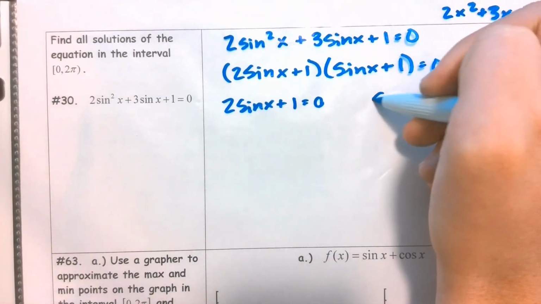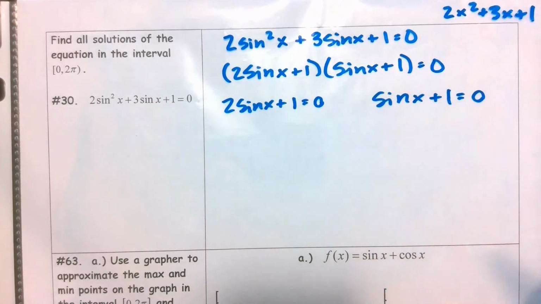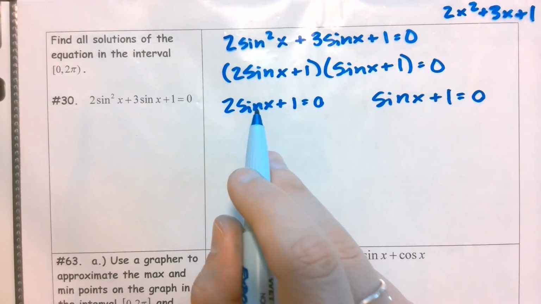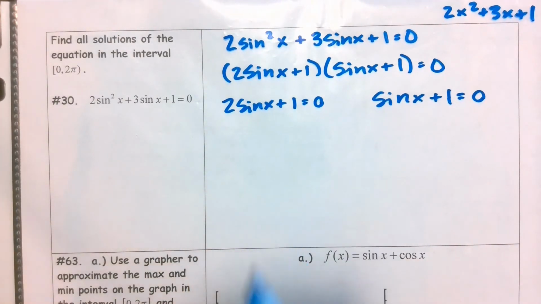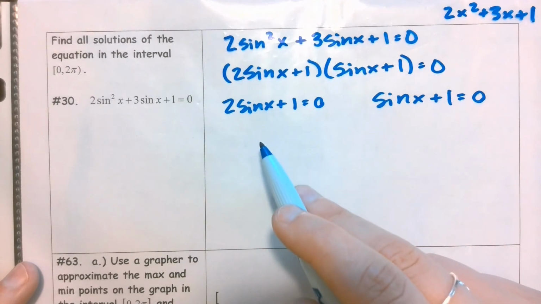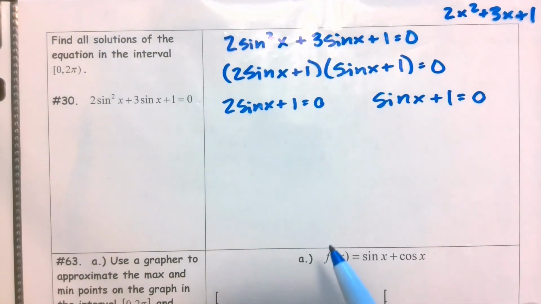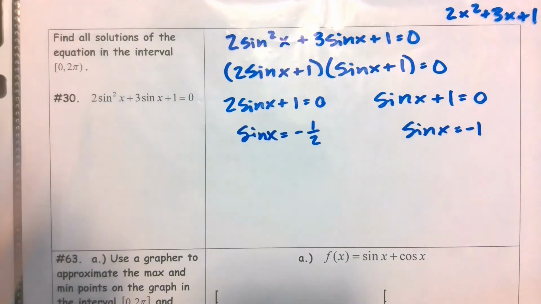So they both turn into that first type of equation where we just have one trig function, we're trying to isolate it, and then decide using the unit circle what angle would give us that ratio or number. So go ahead and try both of these on your own. See if you can get that sine x by itself, and then decide what angles are going to give you that value.